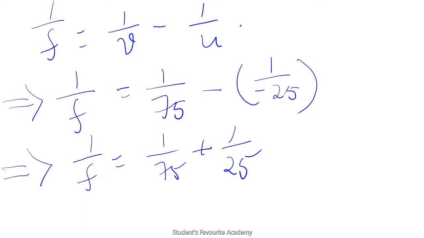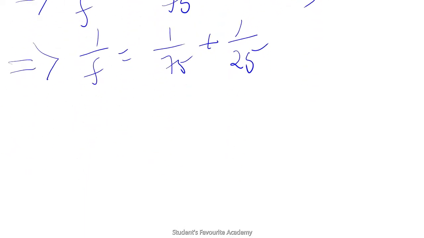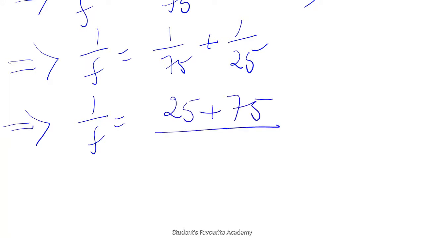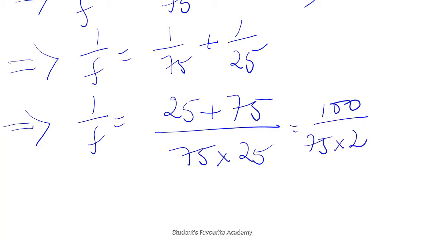Okay, so this implies 25 plus 75 upon 75 into 25, that is 100 upon 75 into 25. So 25 ones are 25, 25 fours are 100.